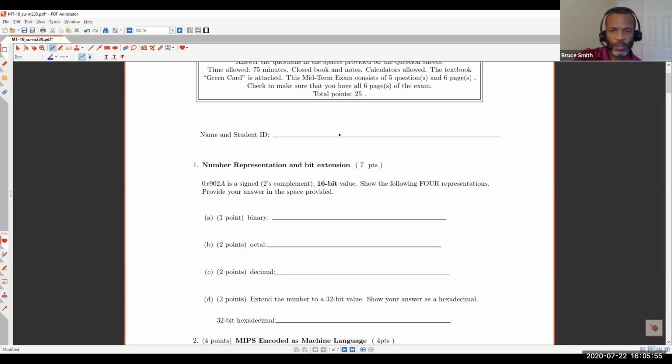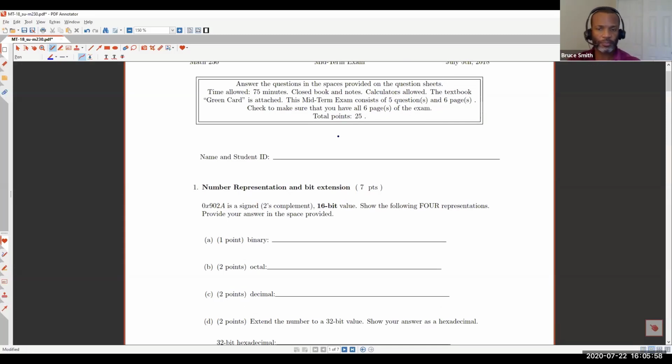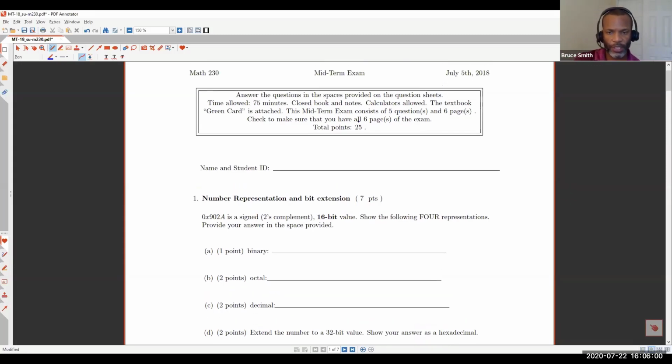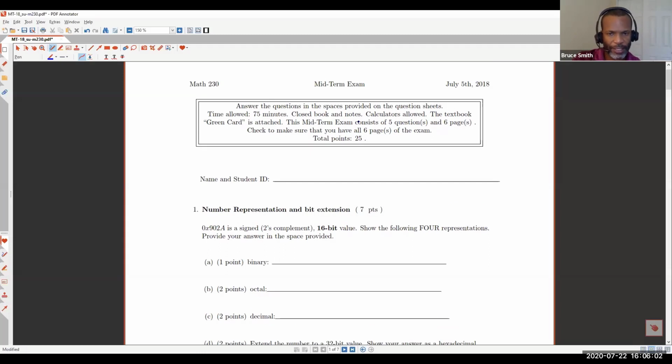This that we're looking at would normally be timed and it would be 75 minutes. I think what I've set up on Canvas is that it's going to open up on Thursday at noon and be due by Friday at noon. So you could start on it Thursday at noon, or you could start on it Friday morning.